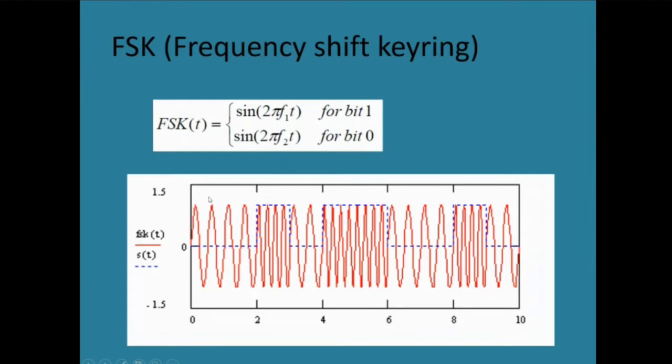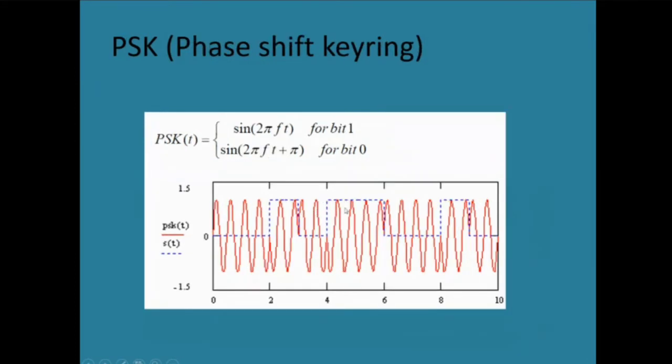You know the relation between frequency and time period, f equal to 1 by T. A longer time period means less frequency and a shorter time period means more frequency, because f equal to 1 by T, both are in inverse relation, so there is a difference in frequency. So you see here, for a binary digit 1 it will allow one frequency, f1 of t, and f2 of t, and again f1 of t, f2 of t.